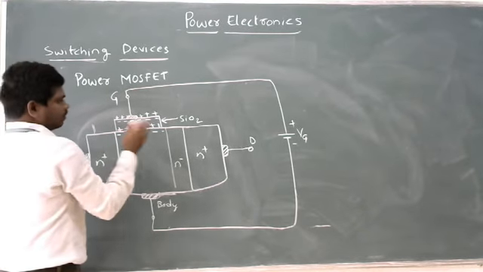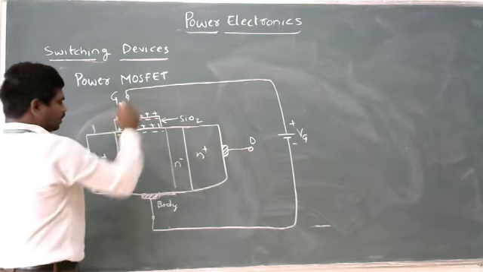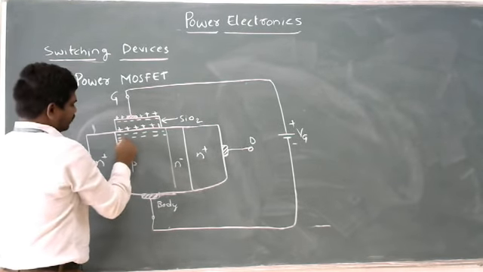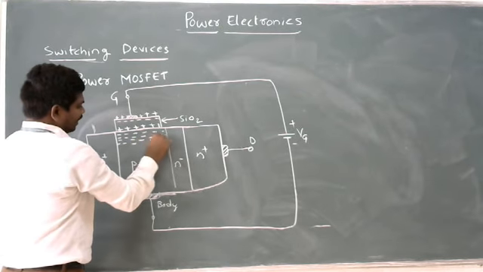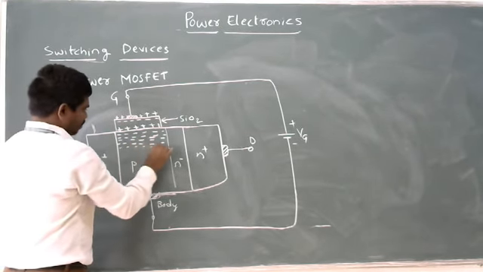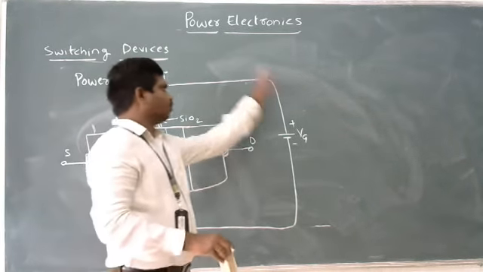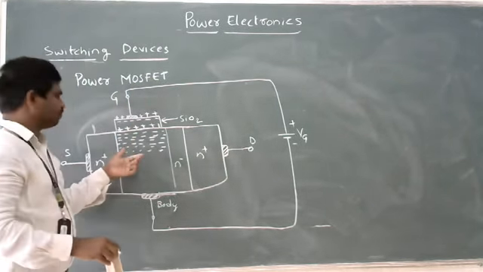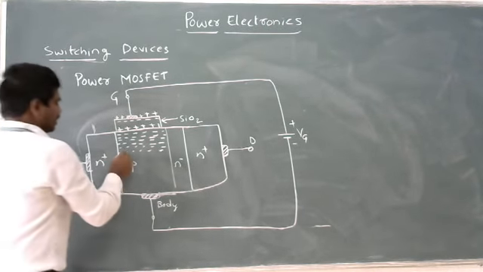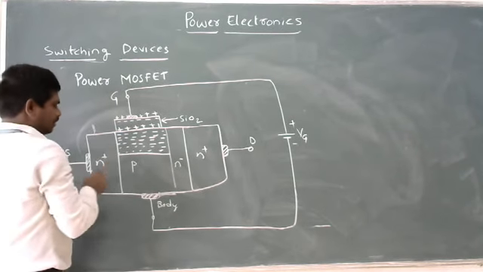Inside this one, negatively charged. This means as I increase the voltage value, negatively charged particles increase in the p-type material. When you increase the gate voltage, automatically there is a formation of negatively charged particles, electrons.